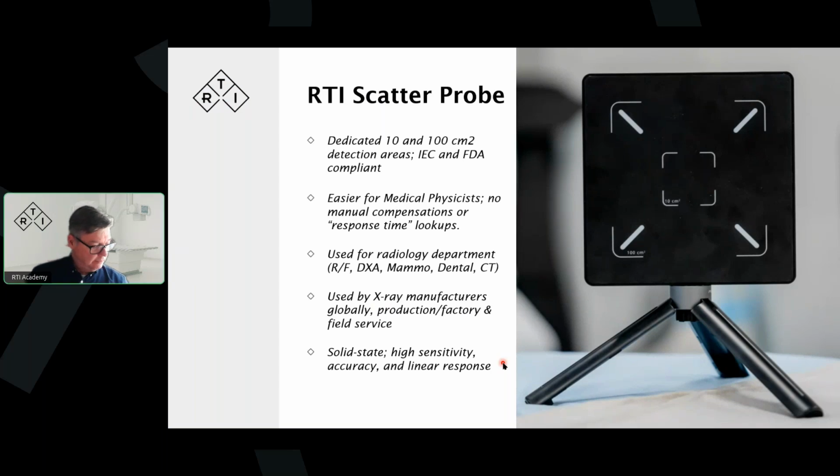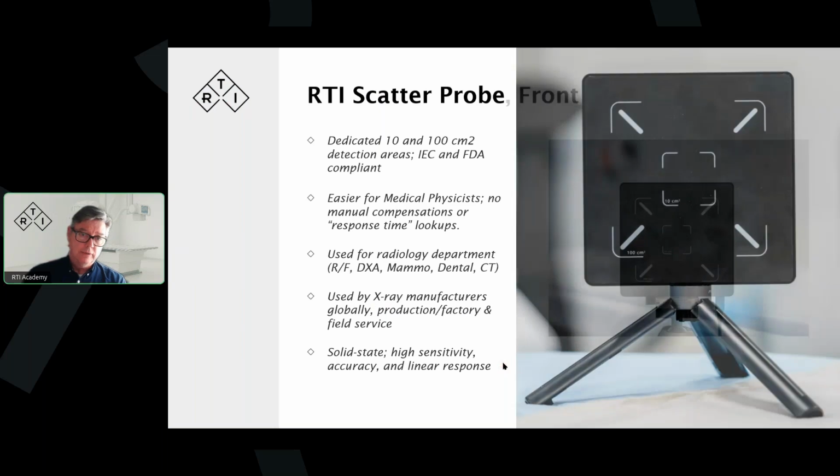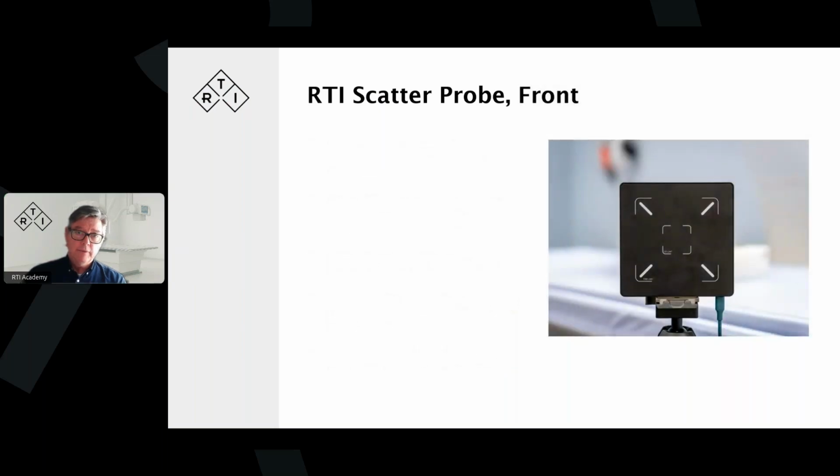But being an interesting tool, of course, we need to understand how it works, and this is the objective of this webinar. Again, for the scatter probe on the front, you'll see that we have a 100 square centimeter active area. That's a large area, which is used typically for leakage testing, and also for room survey and for measurements of scatter, etc. That's a typical one, 100 square centimeter area, and it's 10 by 10.